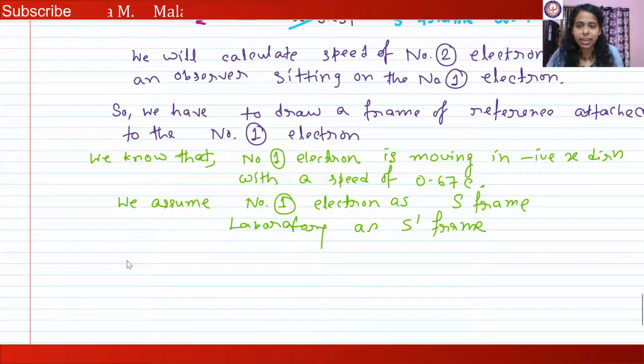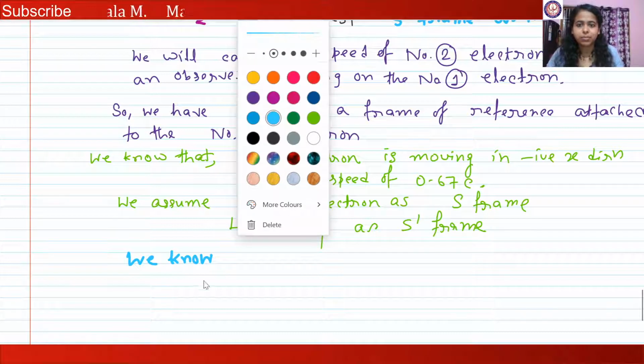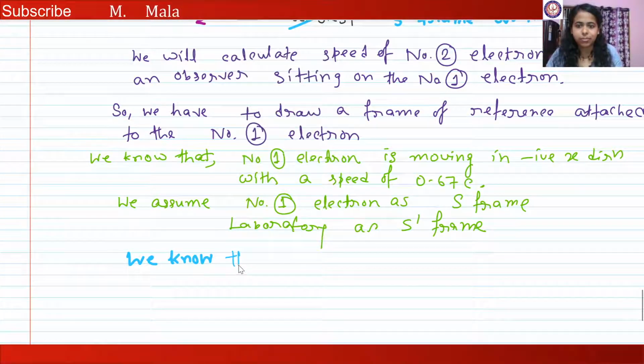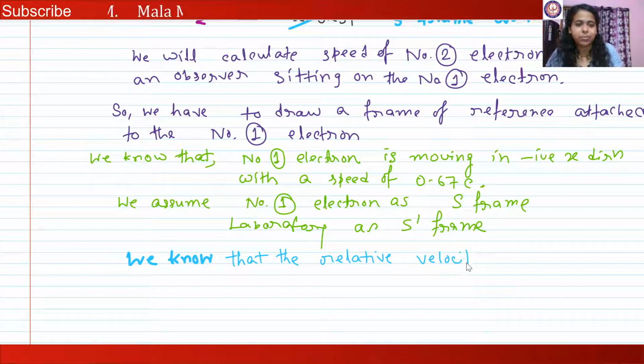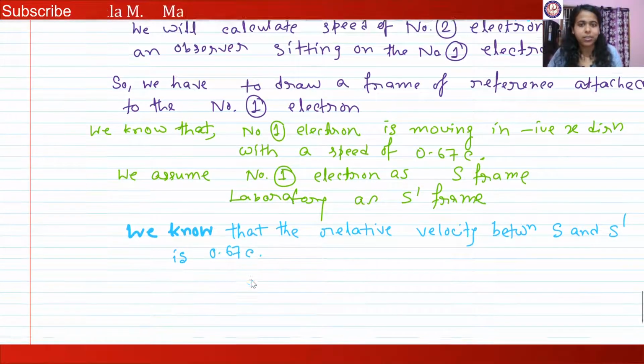So we know that the relative velocity between S and S prime is 0.67 c.